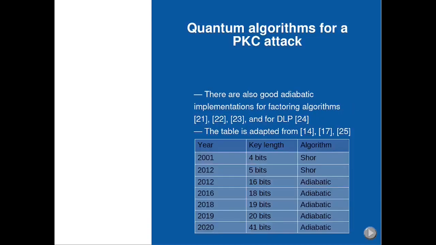But other than Shor's algorithm, there are some good adiabatic implementations that can solve the factoring problem and the discrete logarithm problem. This table below shows some of the achievements that both of these implementations, Shor's algorithm and the adiabatic implementations, achieved across the years.